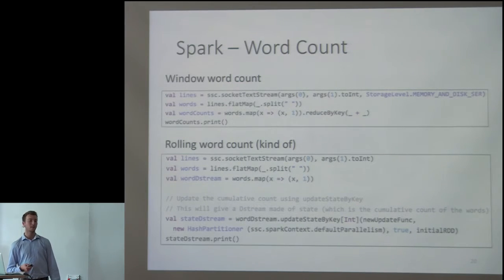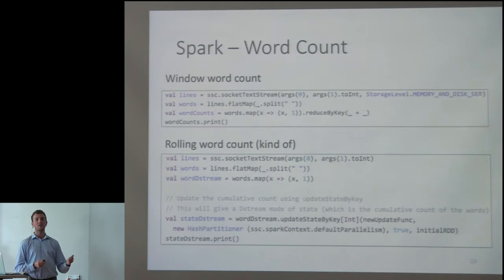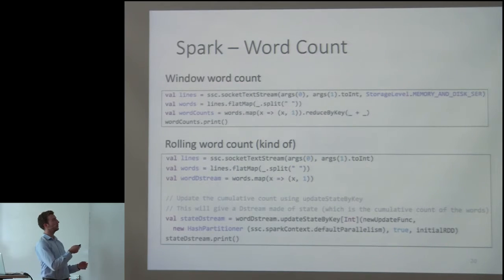And this is exactly because Spark uses micro batches and executes the computation that we define on each micro batch. So what we have here, splitting the lines, counting the words, is executed for each micro batch, which maps to a window in the data stream. You can, of course, define the window size in Spark as well in terms of processing time.